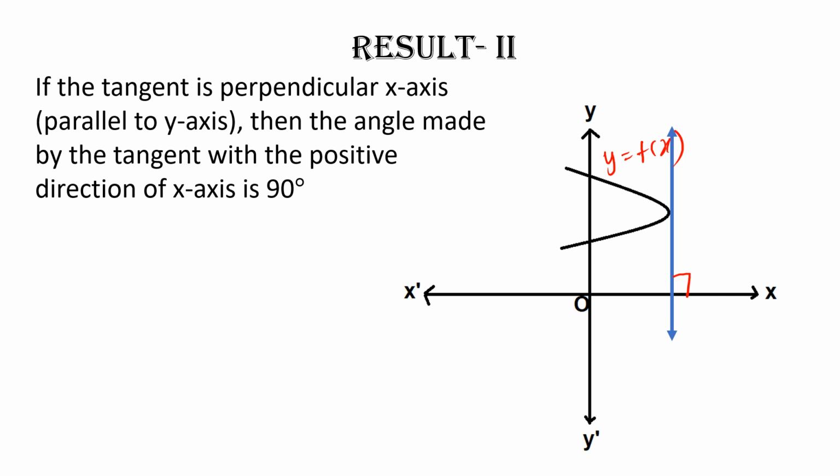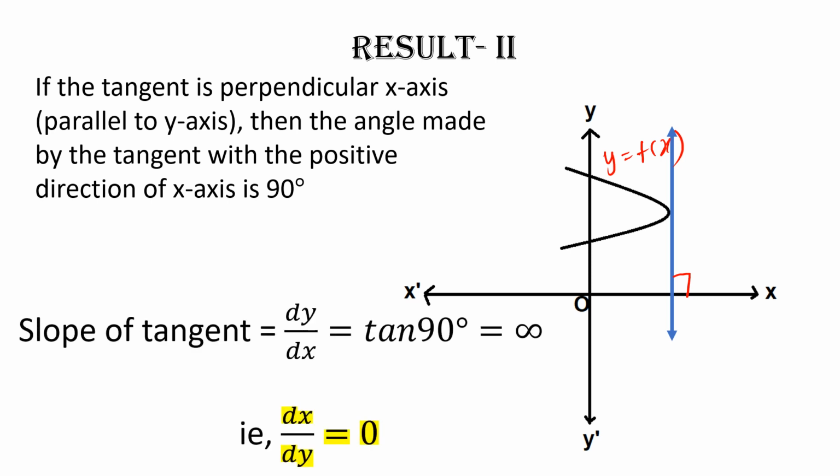So with the angle made by the line with the positive direction of x-axis being 90 degrees, the slope of the tangent line will be dy by dx is equal to tan of 90 degrees. Tan 90 degrees is not defined, therefore infinity. If dy by dx is equal to infinity, therefore dx by dy is equal to 1 by infinity, and 1 by infinity is 0.